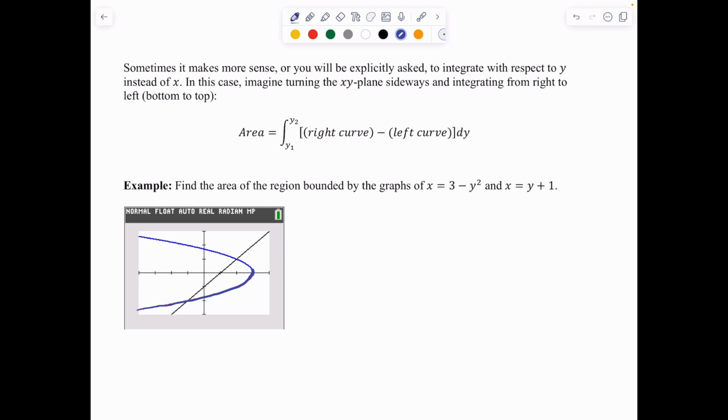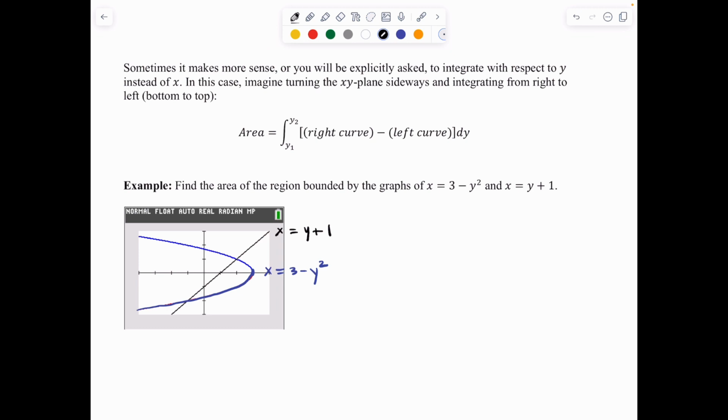Because our calculator makes us get the y equals. So this is x equals to 3 minus y squared. And then the line here is in the form already of x equals to y plus 1. So instead of it being y equals, we have the x equals.